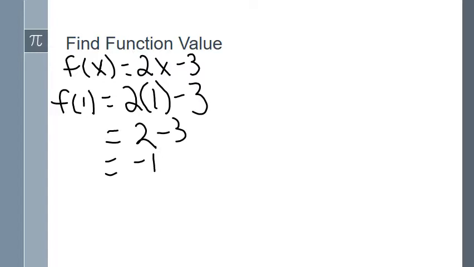And this next one's a little bit trickier. I'm going to come up here to the top. We've got 6 minus f of 5.